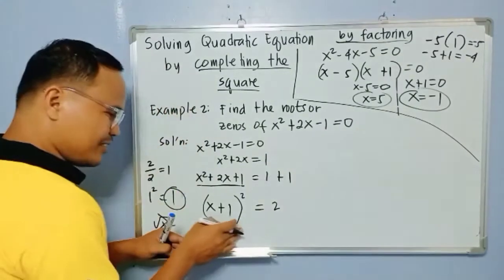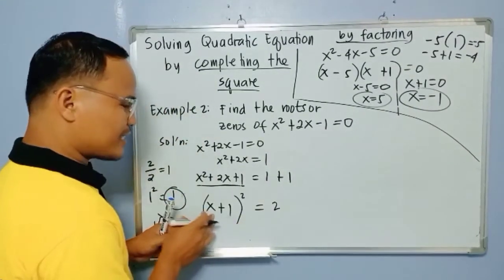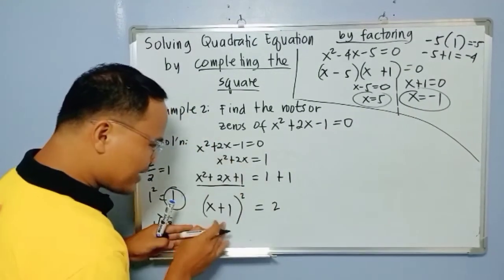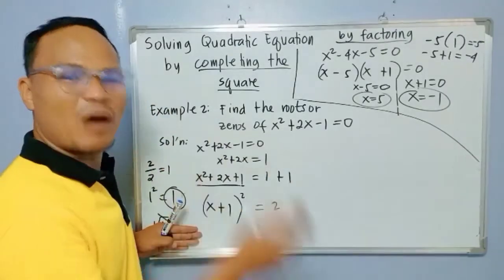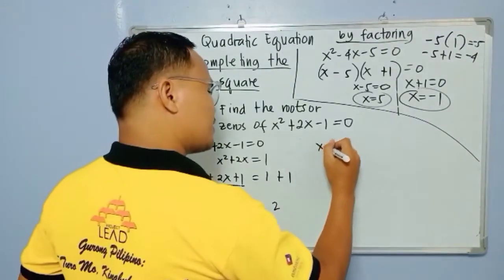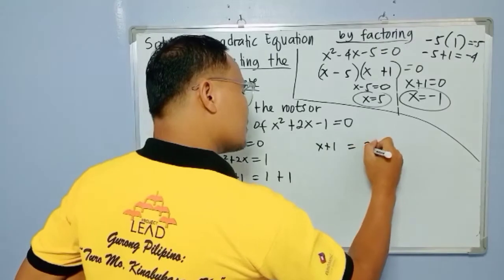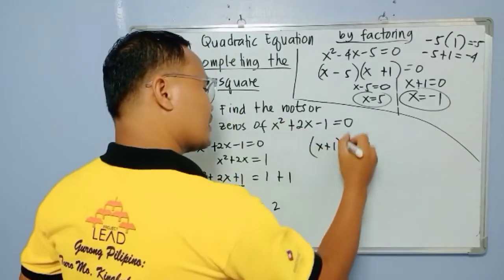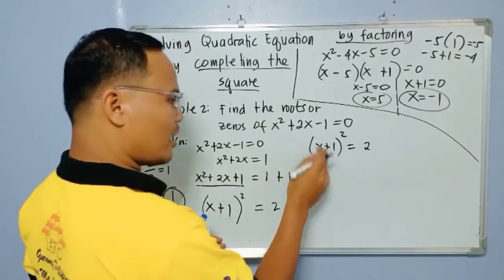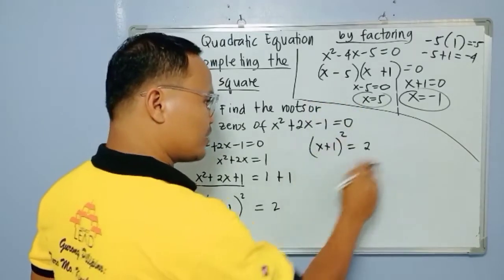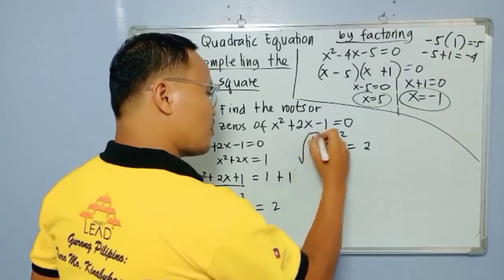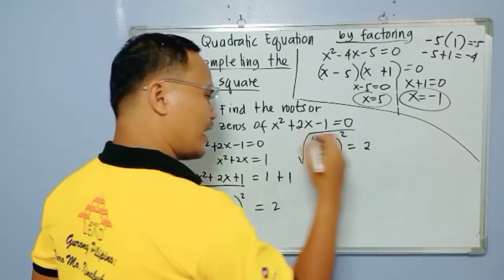Then, let us continue solving for x by taking the square root of both sides. So the quantity of x plus 1 squared equals 2; take the square root of both sides to solve for x.